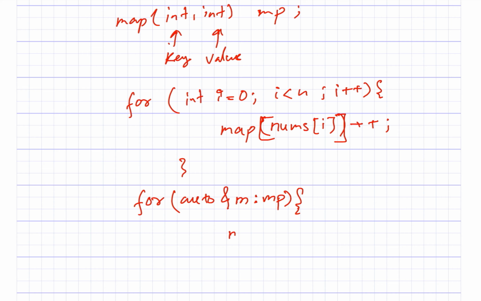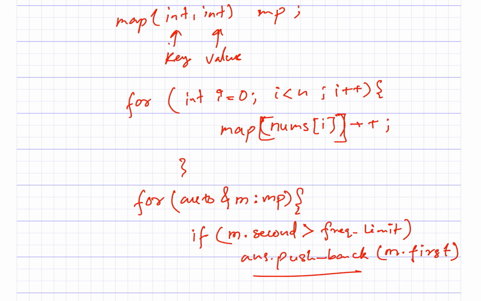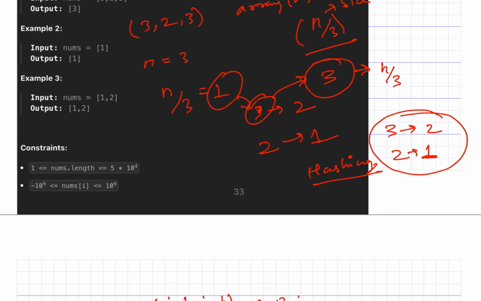We will check for each element, this second is greater than our given frequency limit or not. We'll check this, and if it is true, then we will do answer dot pushback. So simply we will have a vector of answer, vector of int, and we will push back the answers, and through this we can solve the problem.